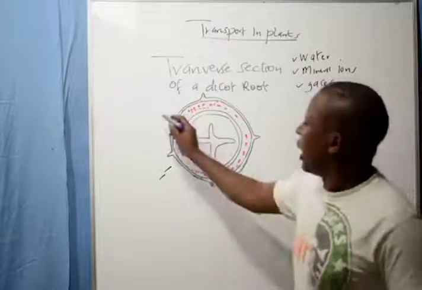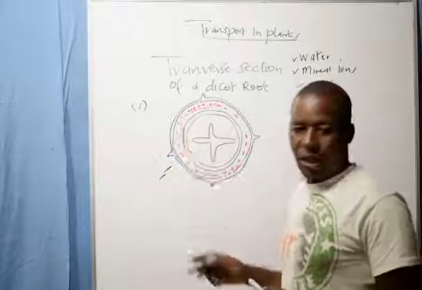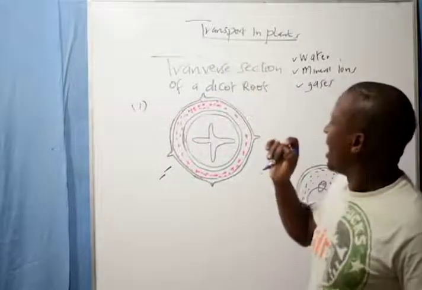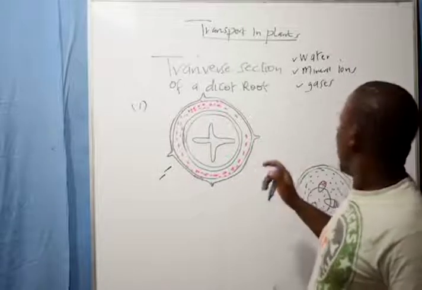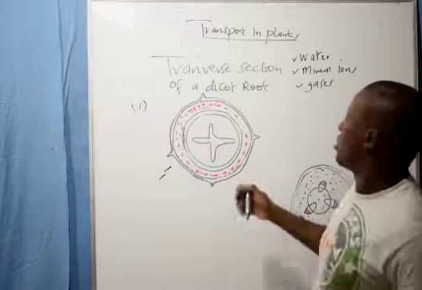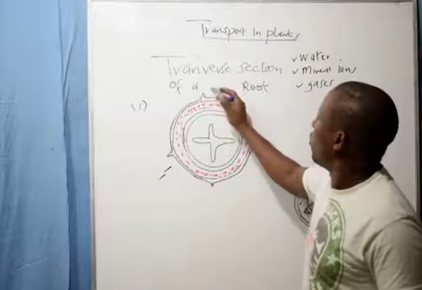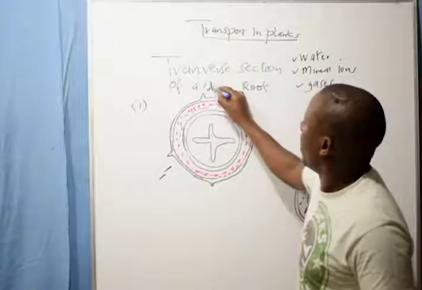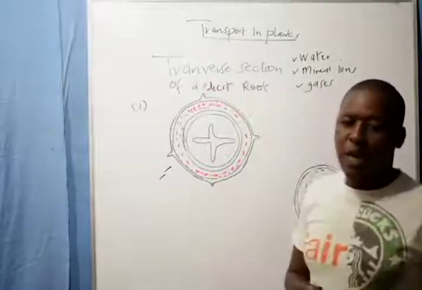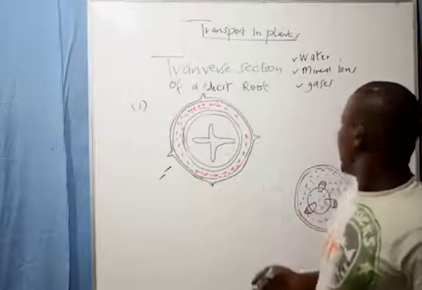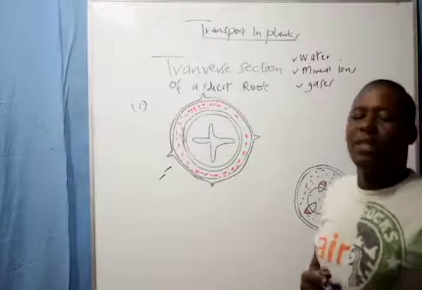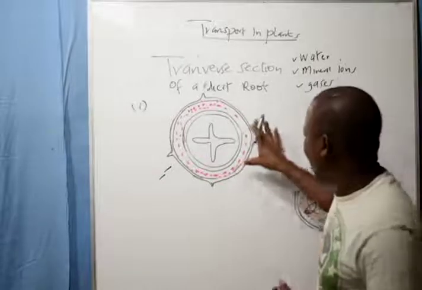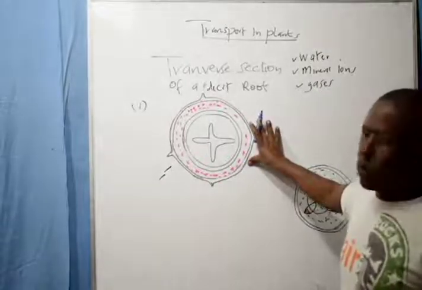In diagram 1, I've drawn for you the transverse section of a dicot root. We are going to look at monocot root later, but for now, let's look at the dicot root.